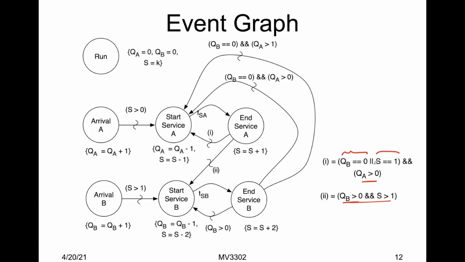So if either of these conditions is false, then we can't do this. In other words, if we can't serve a B when we finish on an A, then we can serve an A if there's one available.